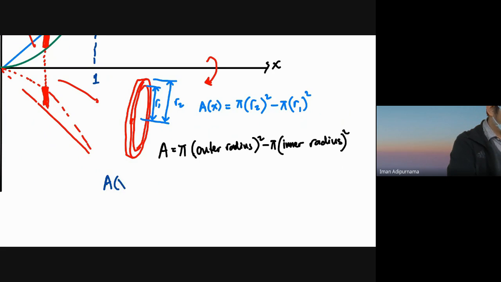So we have this pi, and this was the x, and then squared, minus pi, this is x squared, squared, right?